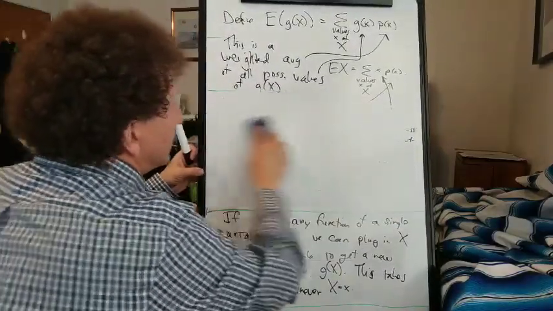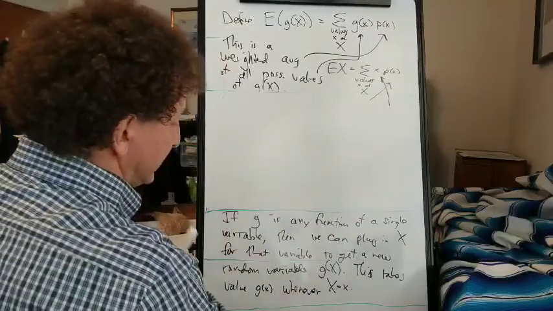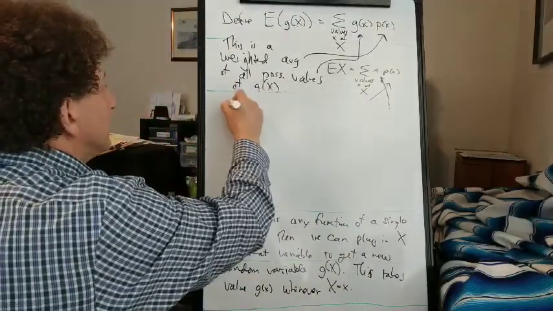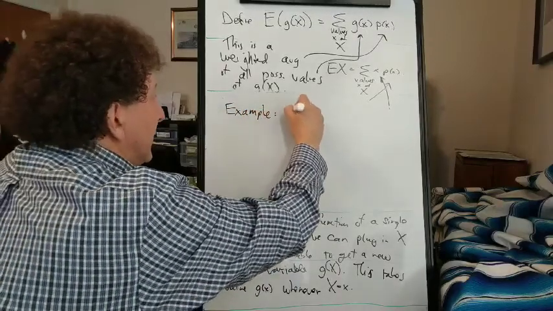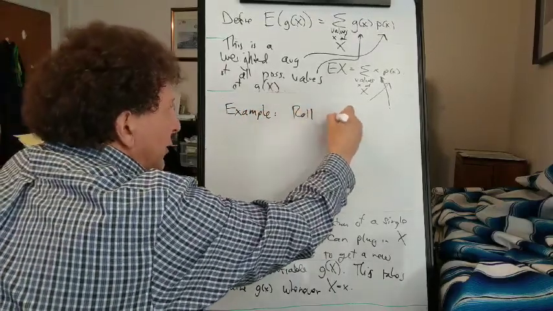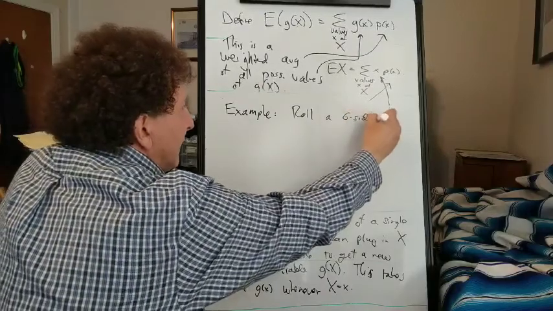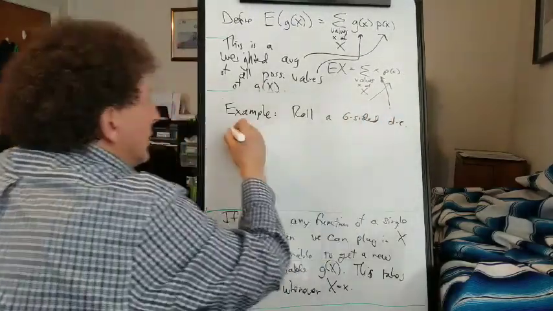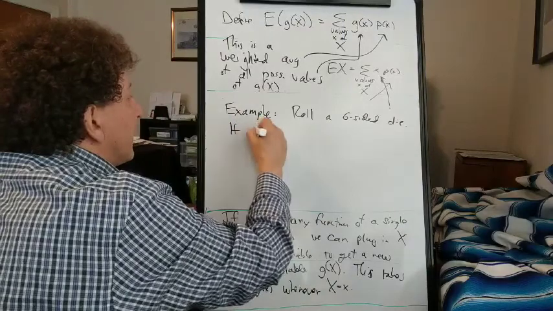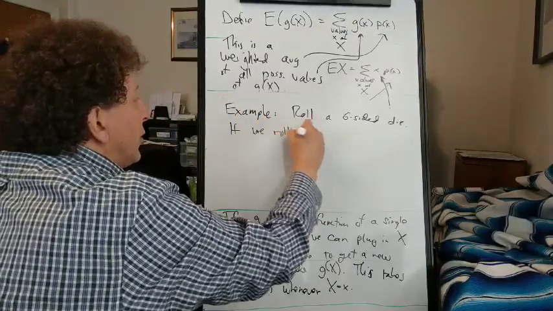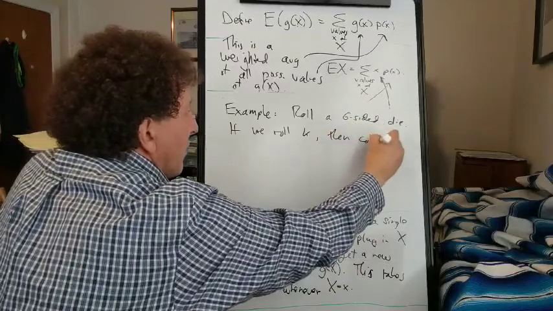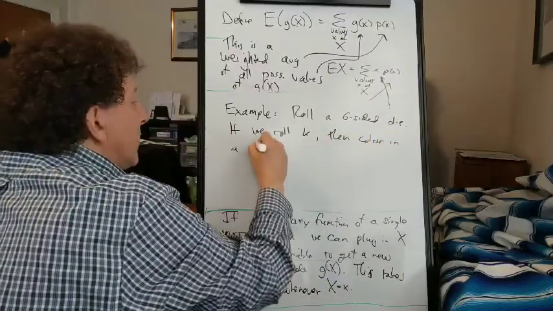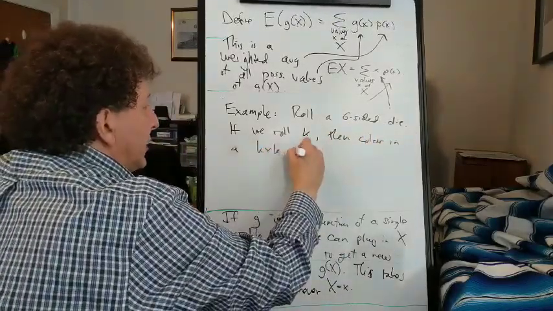So for example, let's roll a 6-sided die. And if we roll, let's say K, then color in a K by K grid.